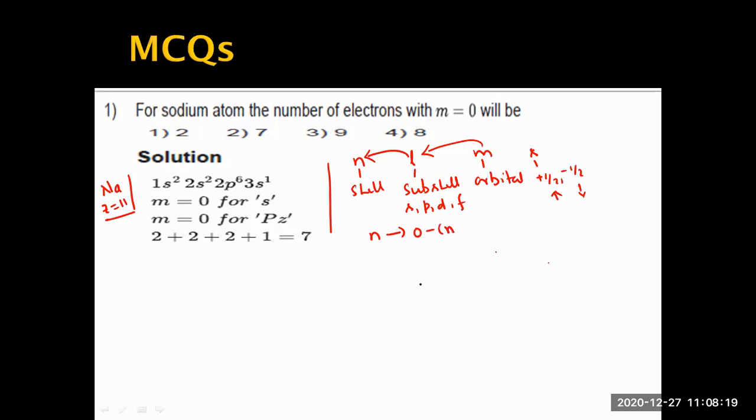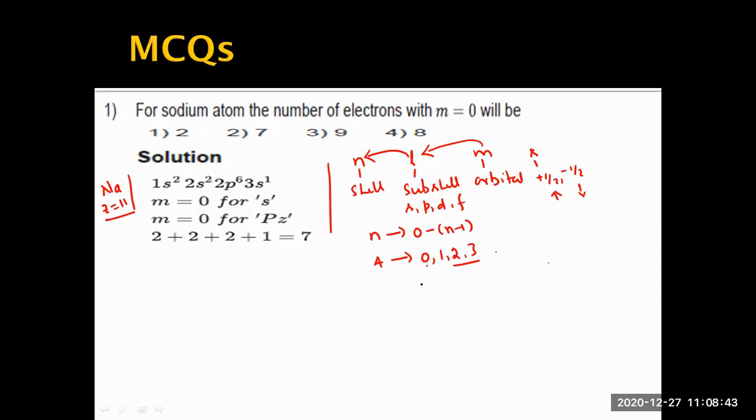For example, when n is equal to 4, the possible values of L are 0, 1, 2, 3. 4 minus 1 is 3, and it stops there.